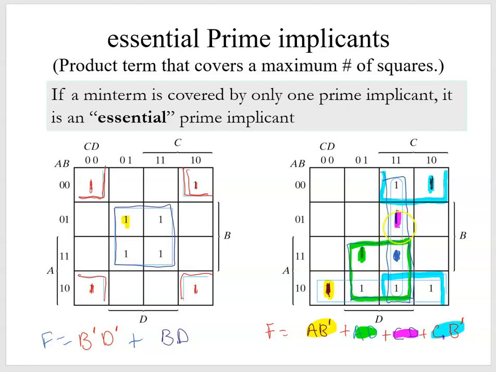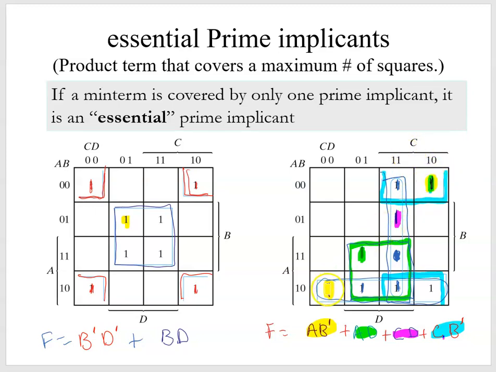So we don't want to choose this one as an essential prime implicant yet. And that's true for this square, this square, and also this square. This has 2 options. It can be this one or the green one. And it's also true for this one and this one. It has 2 options.